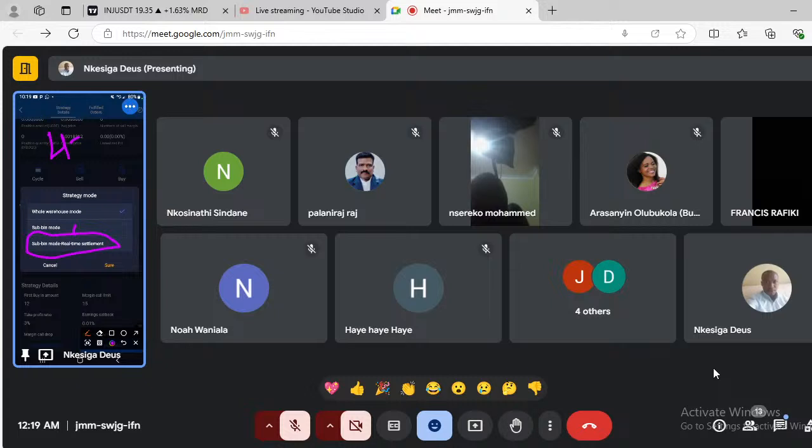You have 5 up to infinity. That's when you switch to sub-bin mode, real-time settlement. How does it work? As usual, the first 4, it will buy them and sell them at once.